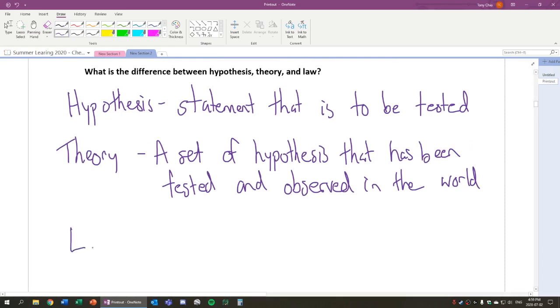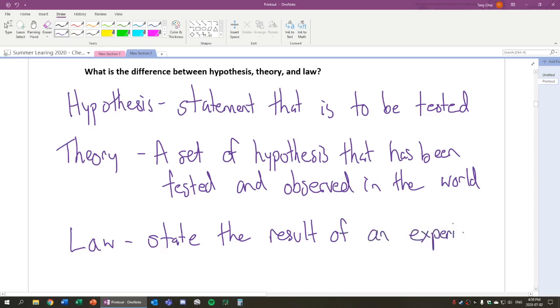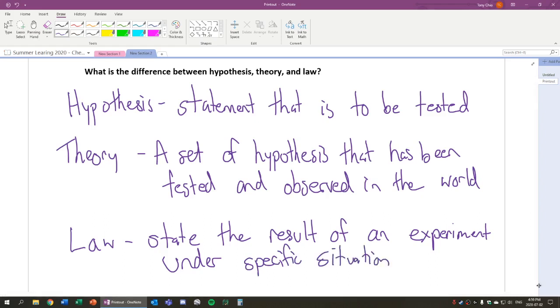The last one is a law. A law basically states the result of an experiment under specific situations. There are different types of laws.